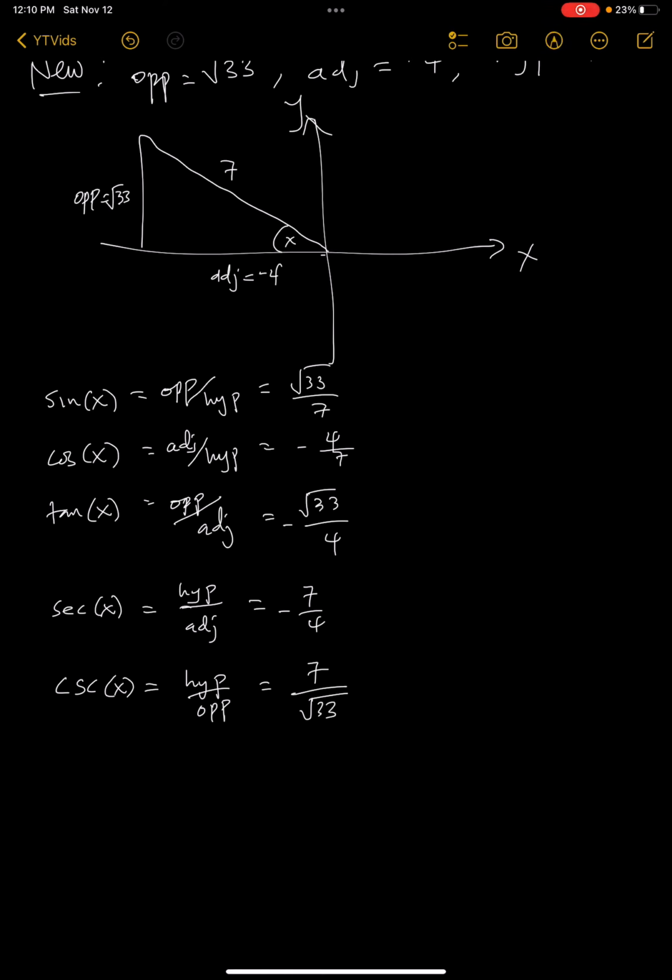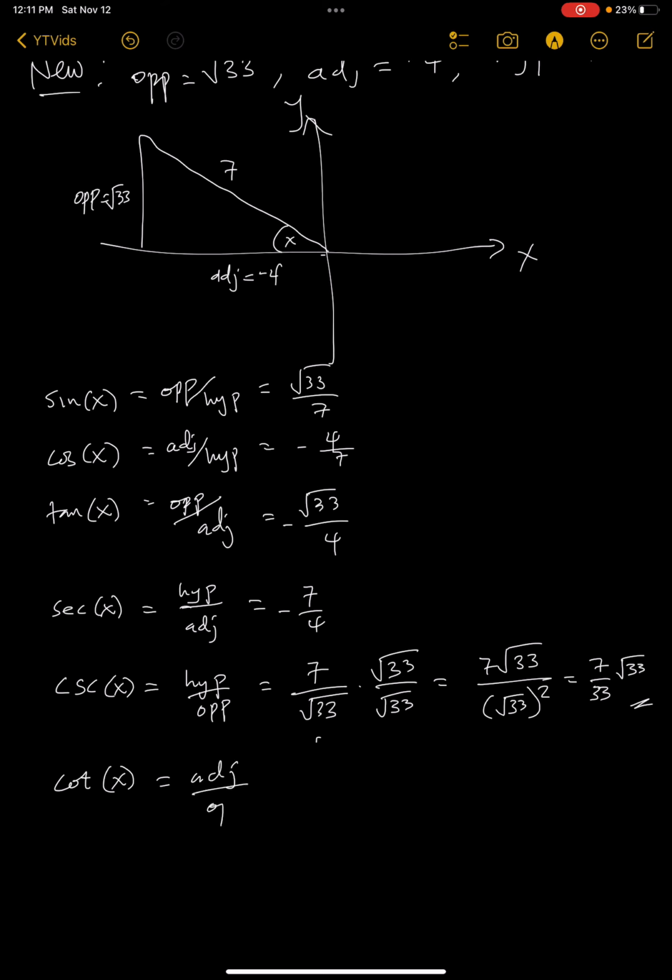You can rationalize by multiplying and dividing by square root of 33, giving 7 root 33 over 33, or you can just leave it like that. The last one is cotangent, adjacent over opposite, which is -4 over root of 33, and this can also be equal to -4/33 times square root of 33. And now these are all the six trig functions that the question asks you to calculate.